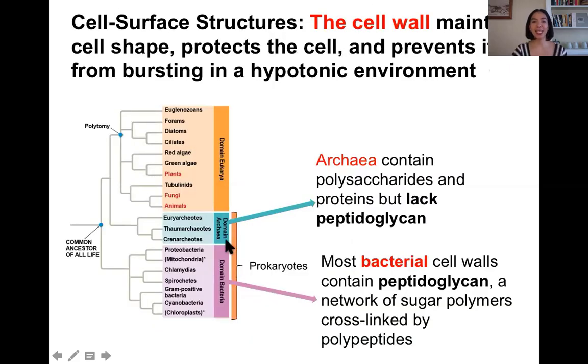Now, we say that the prokaryotes are going to be divided in two domains. In this tree of life, we have three domains. The domain Eukarya, we're going to cover later. Today we're covering these two domains, domain Archaea and domain Bacteria. Those belong to this artificial group, prokaryotes, right?